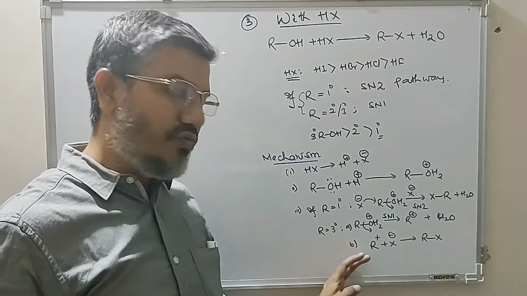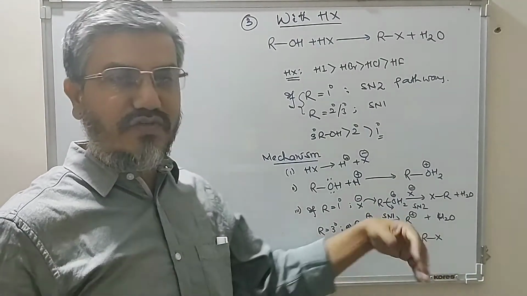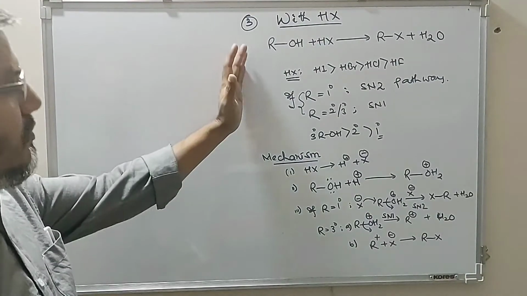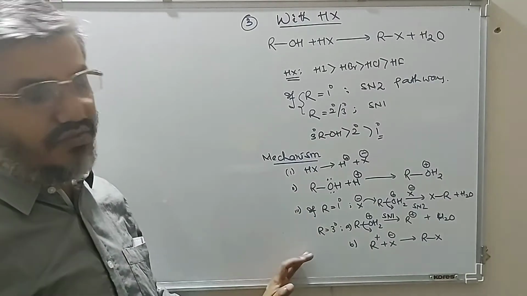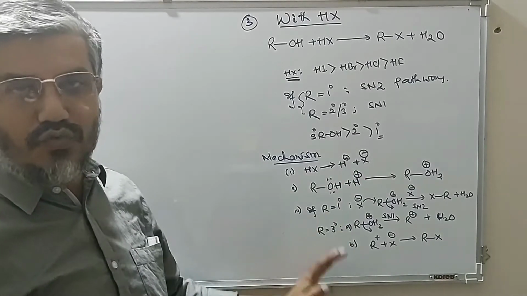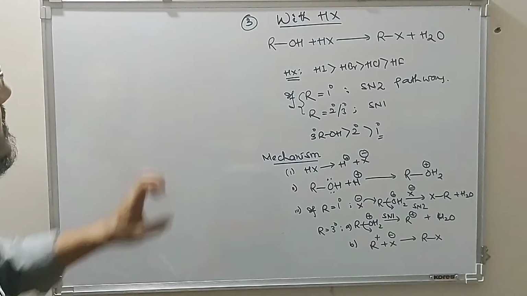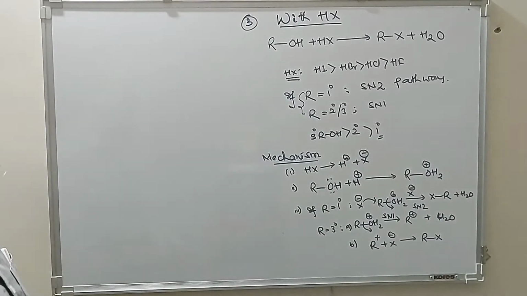So this gives you 50% retention, 50% inversion. So we say racemization of the product. So depending on whether the alkyl group is primary, secondary or tertiary, the reaction may be SN1 or SN2, but the product will remain the same. So this is the reaction with HX, hydrogen halide.